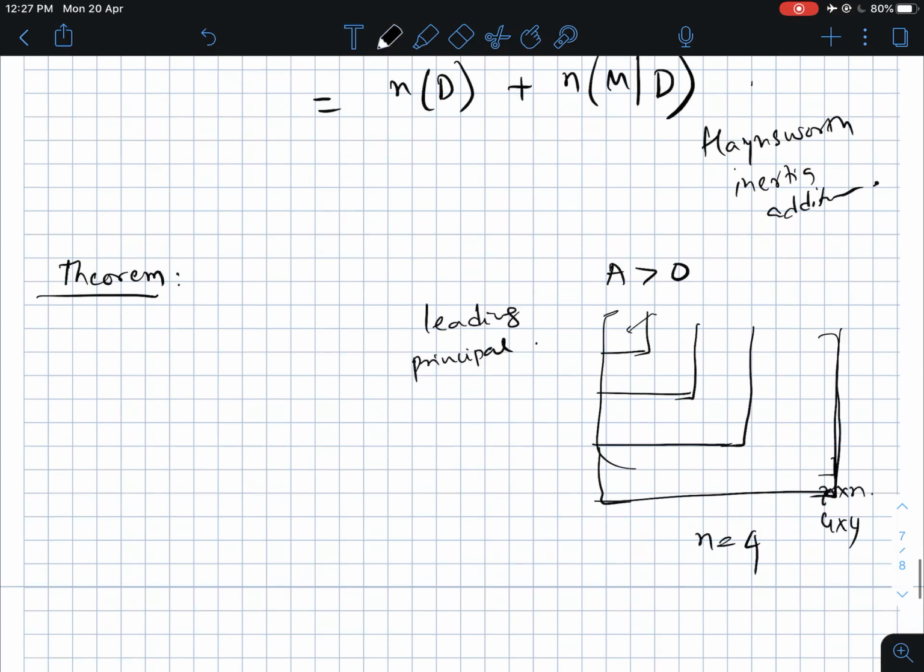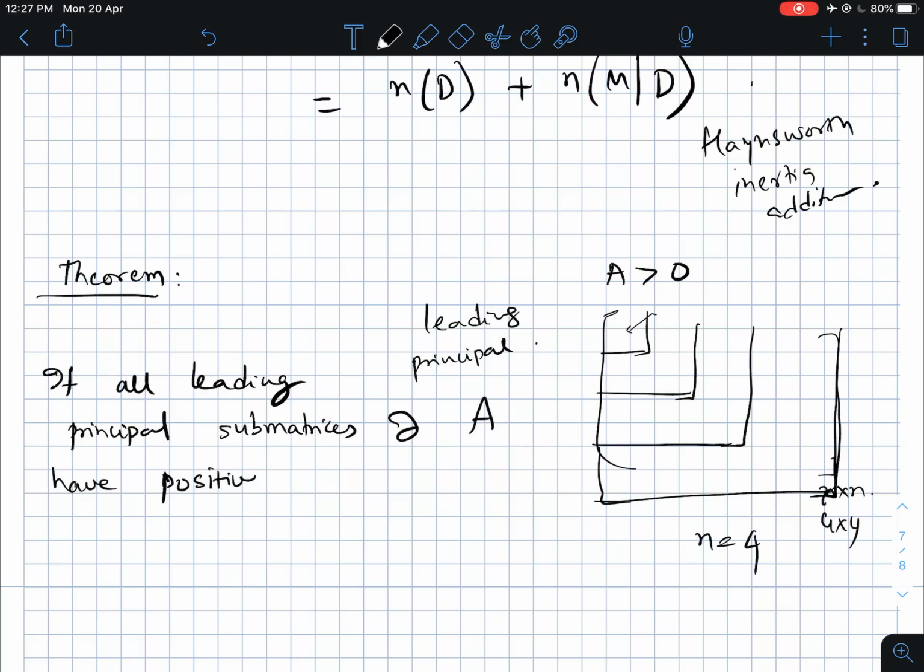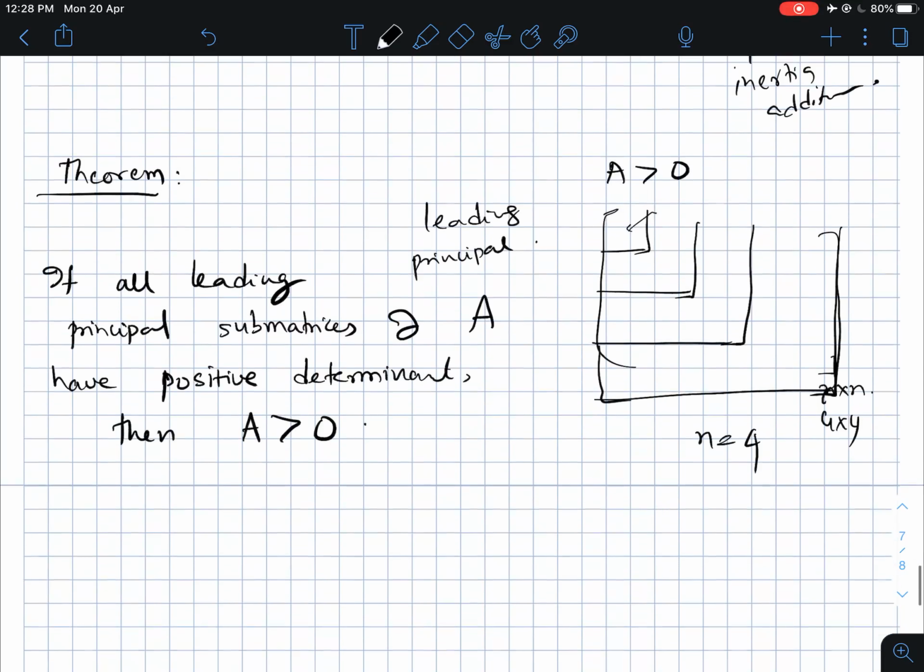I mentioned that the converse is also true. The converse saying that if all leading principal submatrices of a matrix A have positive determinant, then A is a positive definite matrix.